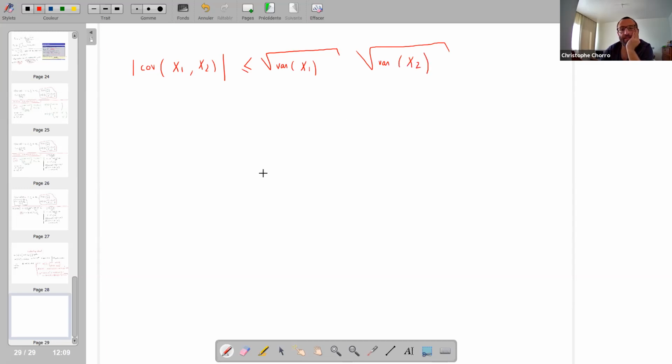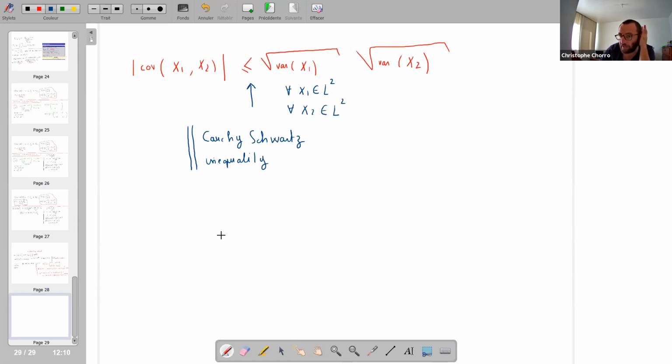Okay. This inequality, in fact, has a name. It is true for any x1 belonging to L2, and it is true for any x2 belonging to L2. This inequality is called the Cauchy-Schwarz inequality.